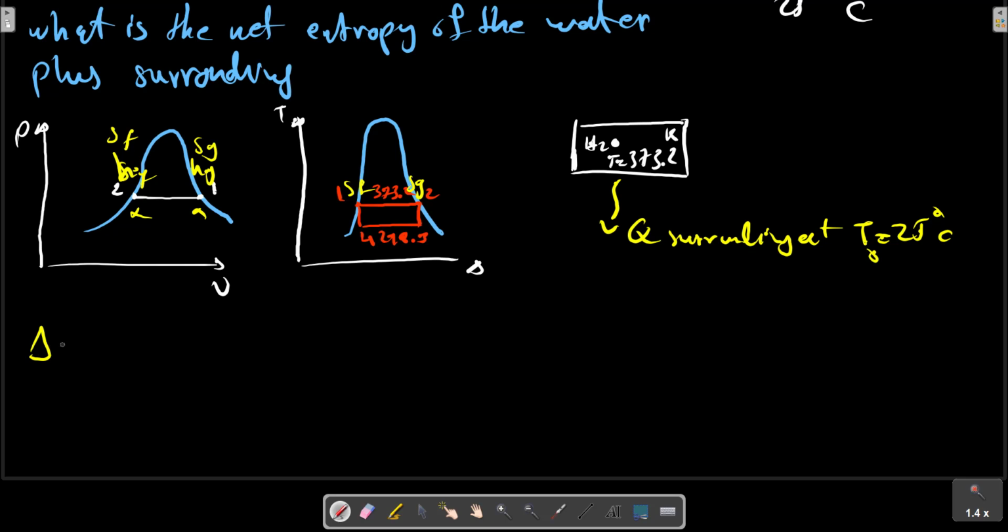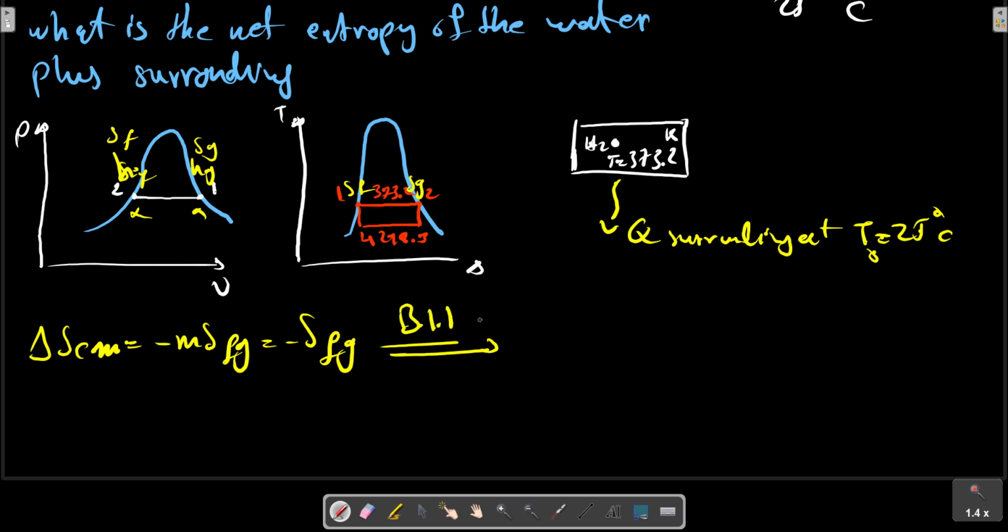The delta S control mass equals minus M SFG, for 1 kilogram, SFG from table E11. We can obtain the delta S control mass.